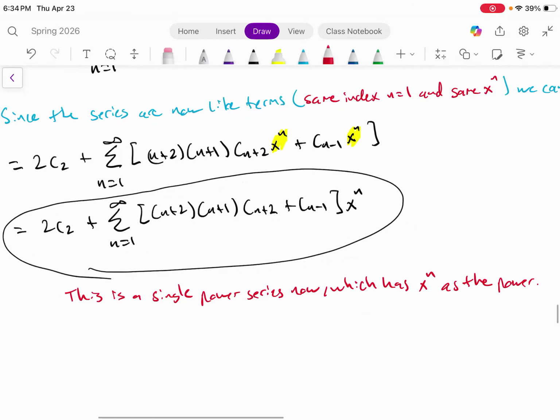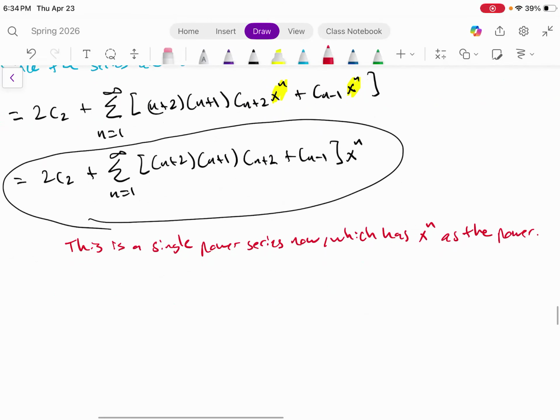Okay, so that is an example of adding power series and index shifting, peeling off to get them to the same combined power series. So just a couple things that we could say about this as we wrap this up, that it doesn't really matter what index we start out with.